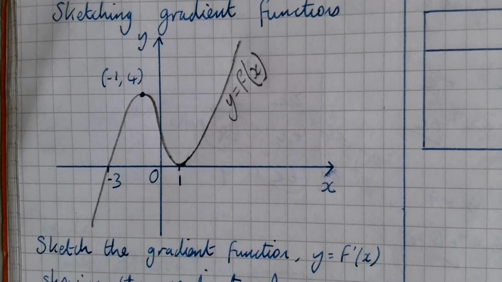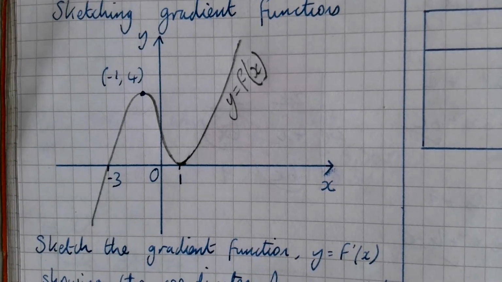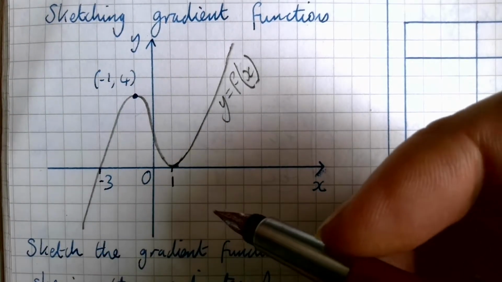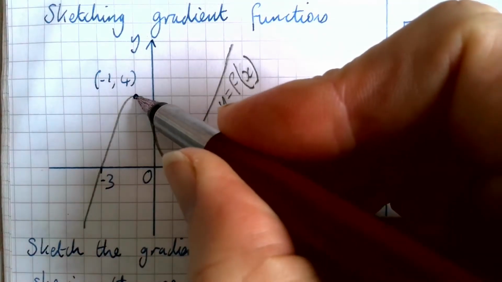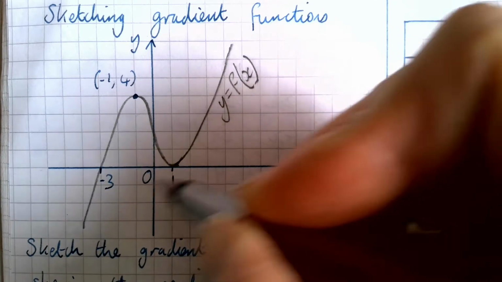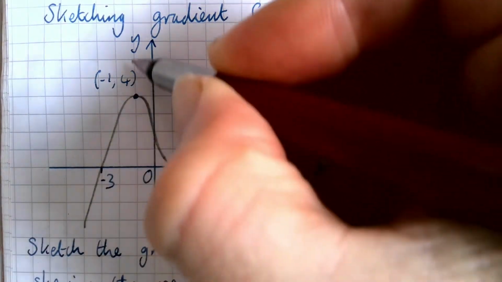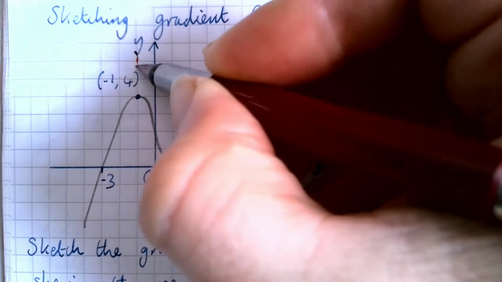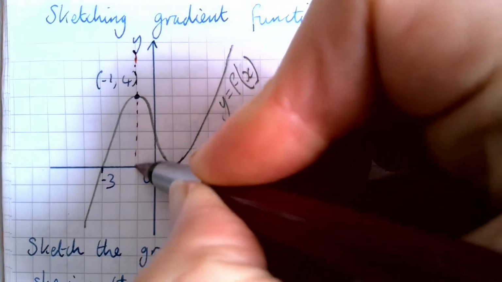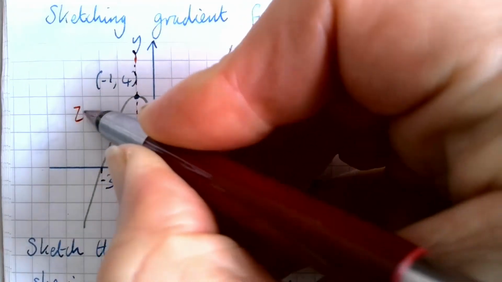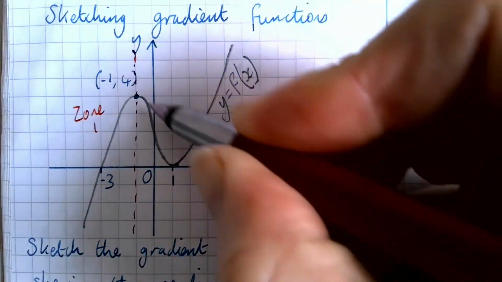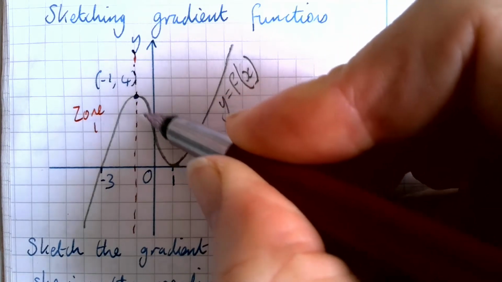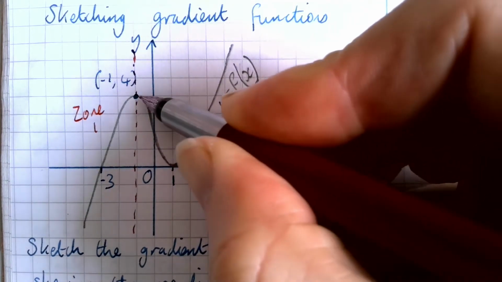Now to do that, I like to split the curve into a few zones of where the different things are happening. Now we've got a stationary point here and a stationary point there. Until that stationary point, I'm going to call zone 1. I'm just going to put a little dotted line down here and call that zone 1. And then between this stationary point and the next stationary point, it's on a way down.